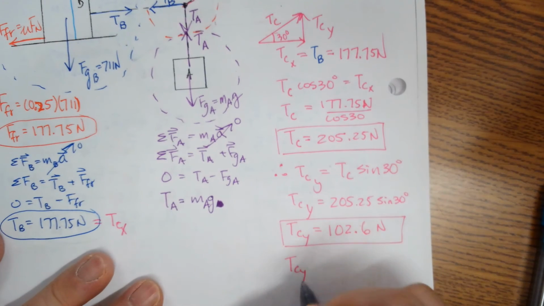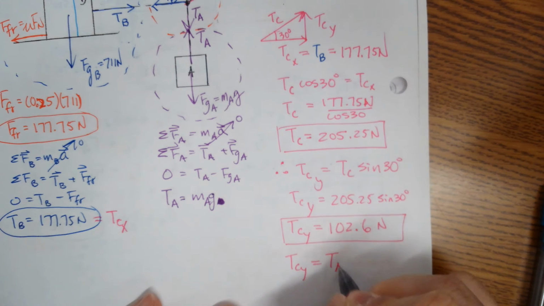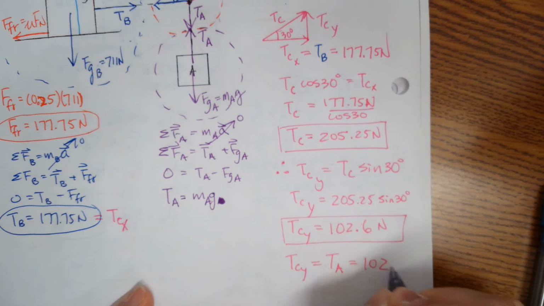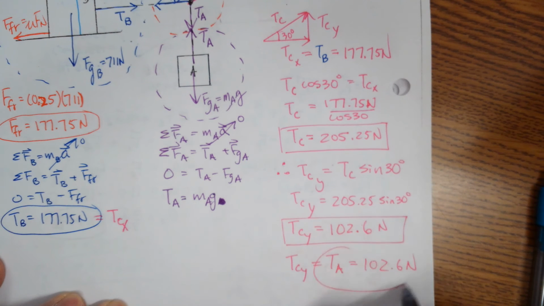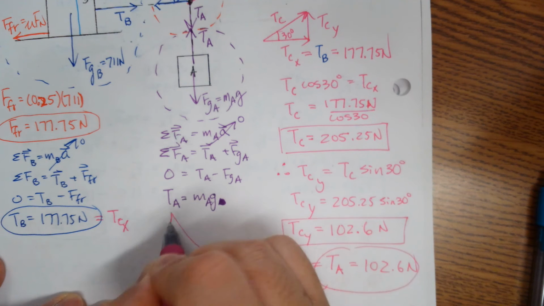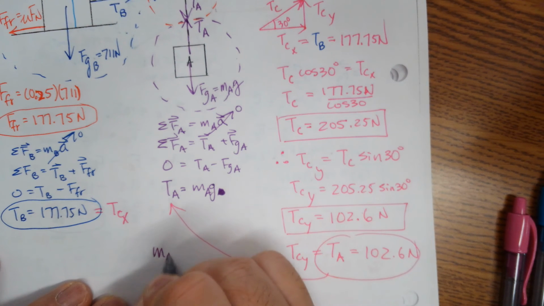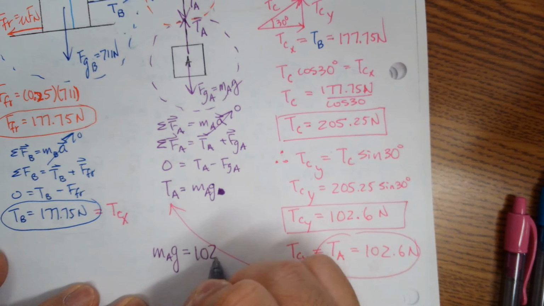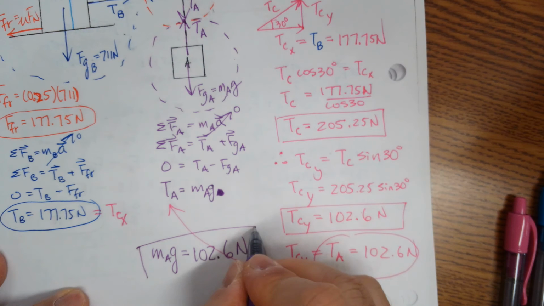So my TCY is equal to TA, which is equal to 102.6 newtons. Well, now that I know that, I can substitute that in, so MAG is equal to 102.6 newtons.